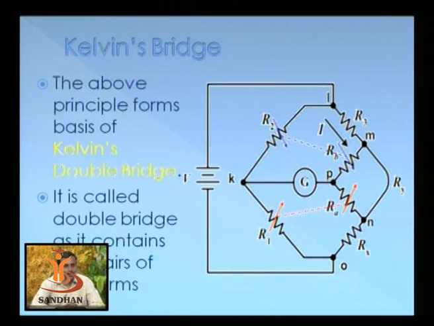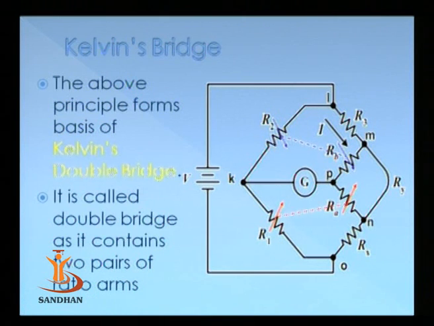Now this can be seen in the same diagram: VLK, that is the voltage drop across the resistor R2, should be equal to the sum of the voltage drop across R3, that is VLM, plus the voltage across Rb, that is MP. So VLMP should be equal to VLK, and in the lower arms, the voltage drop across R1, that is VOK, should be equal to the voltage drop across arms Rx and Ra, that is VONP.